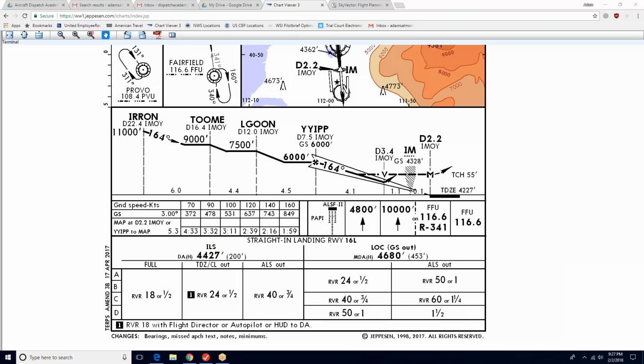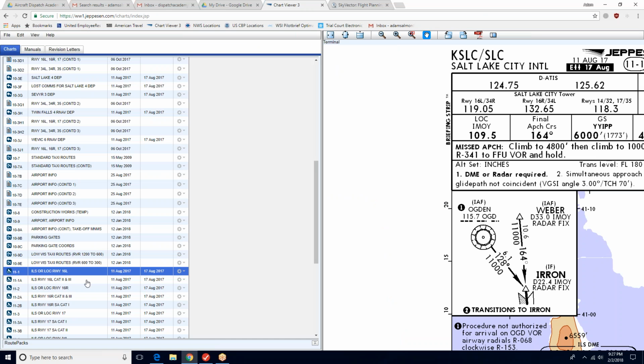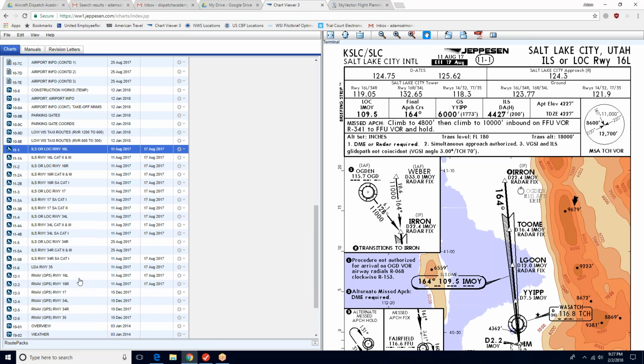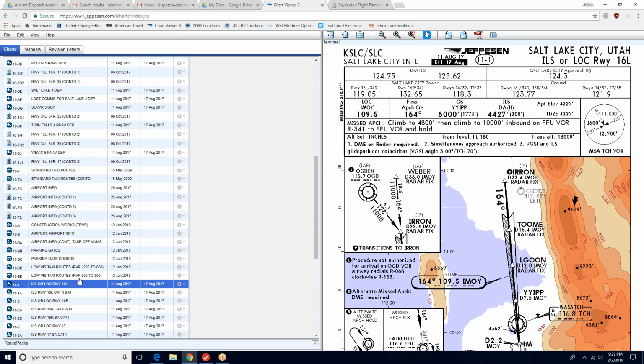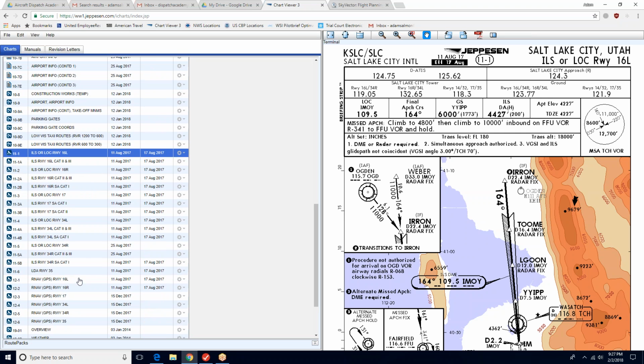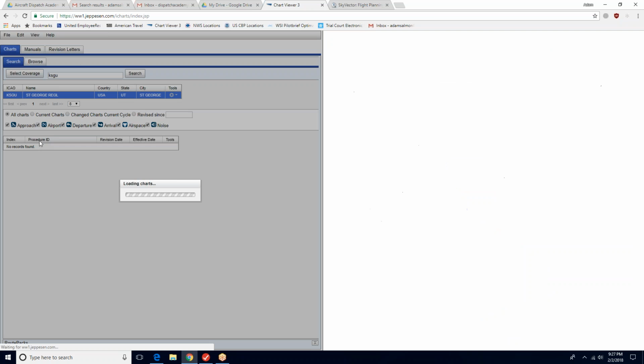Let me bring up, let's bring up one real quick here though. Let's see. Of course, Salt Lake doesn't have any, so let's take a look at St. George here for a minute.